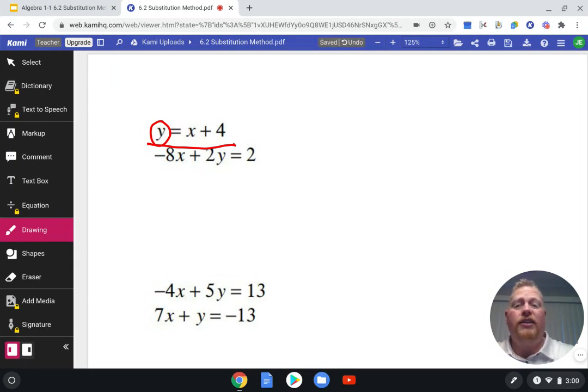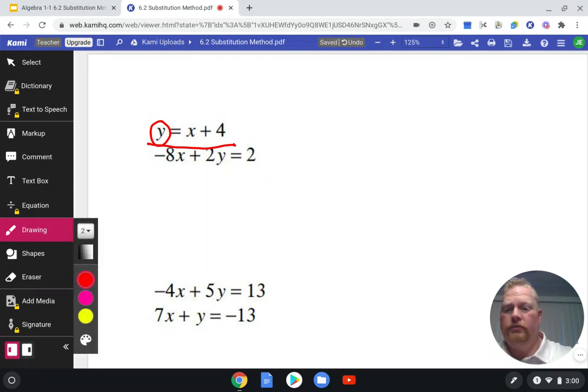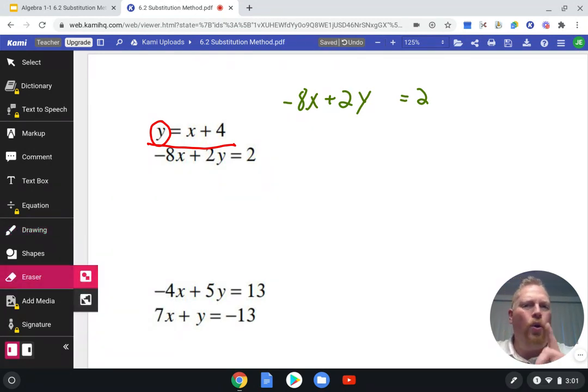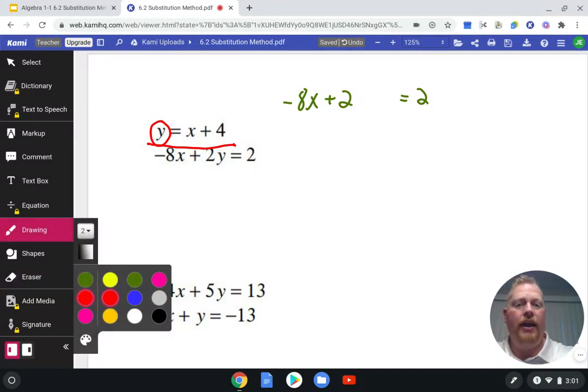So what I'm going to do now is take that other equation: negative 8x plus 2y equals 2. And here's the whole idea behind the substitution method. Since y is the same thing as x plus 4, I'm going to take y out, and in its place, I'm going to put that x plus 4.